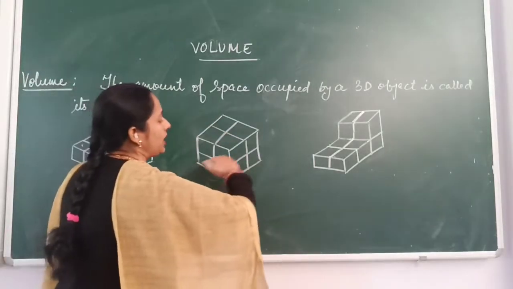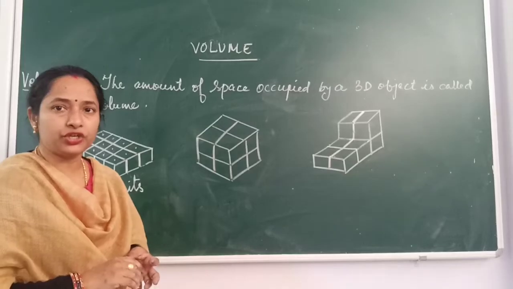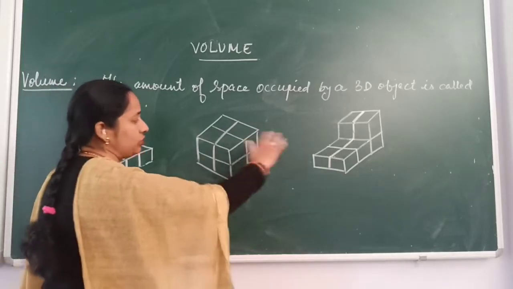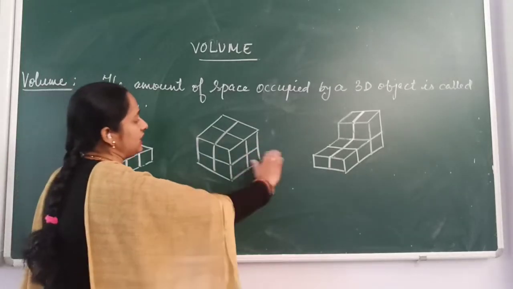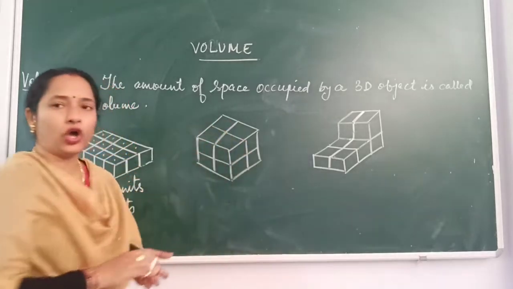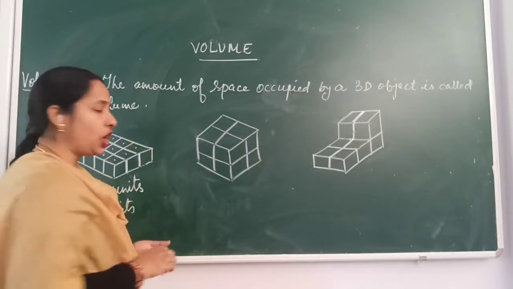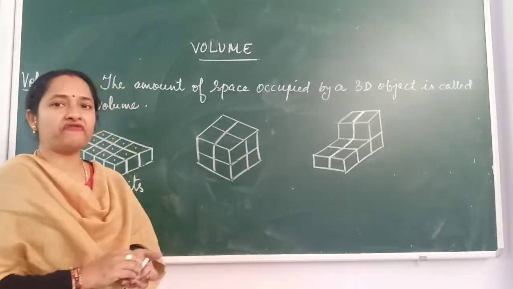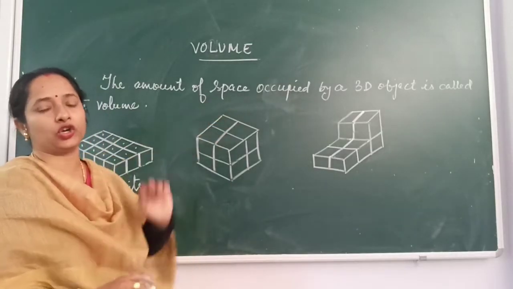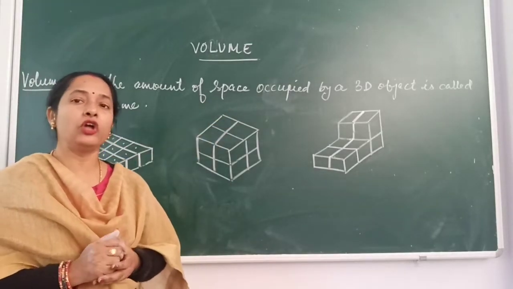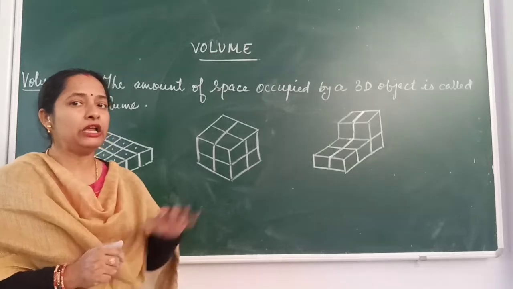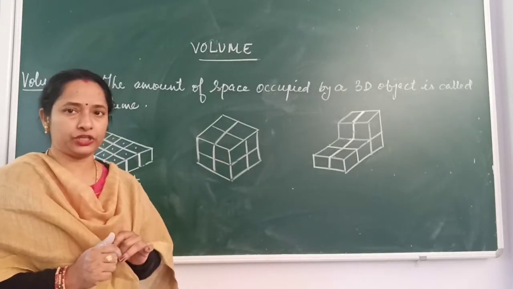It has 2 layers of unit cubes, where each layer has 4 unit cubes. So the bottom layer has 4 unit cubes, the top layer also has 4 unit cubes. So total 4 and 4, 8 unit cubes.